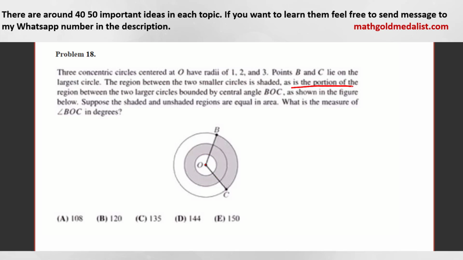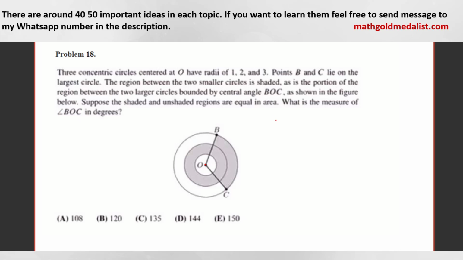As is the portion of the region between the two larger circles bounded by central angle BOC, meaning this part, as shown in the figure below. Suppose the shaded and unshaded regions are equal in area. What is the measure of BOC in degrees?